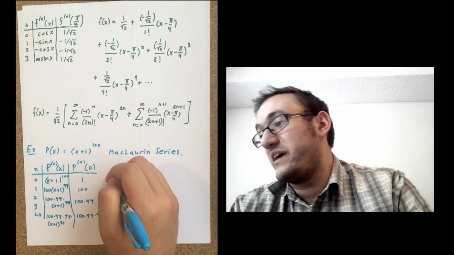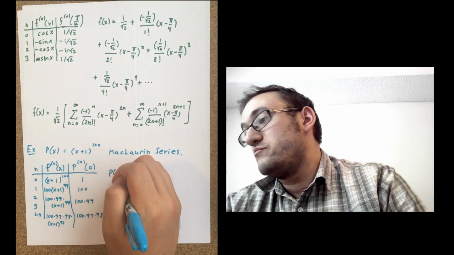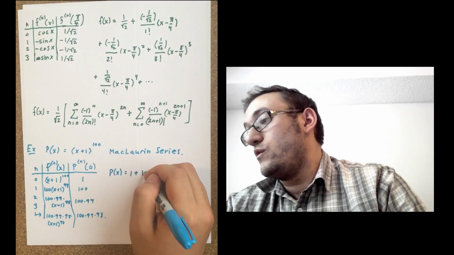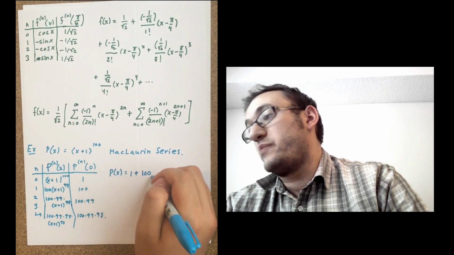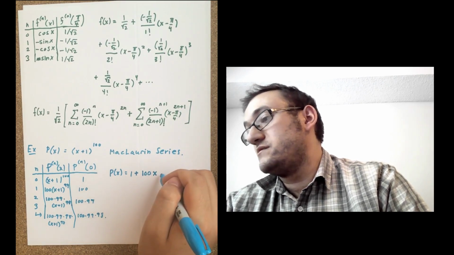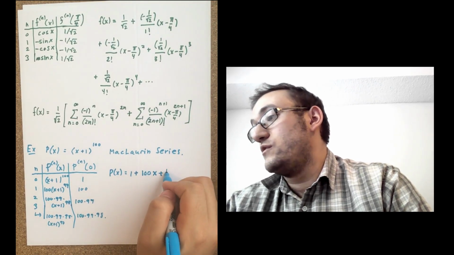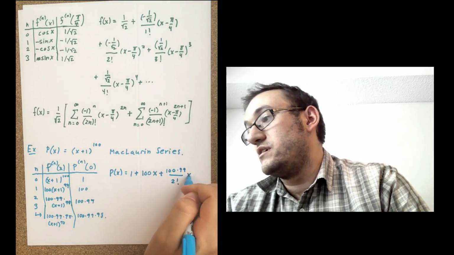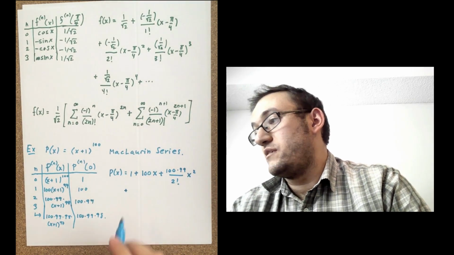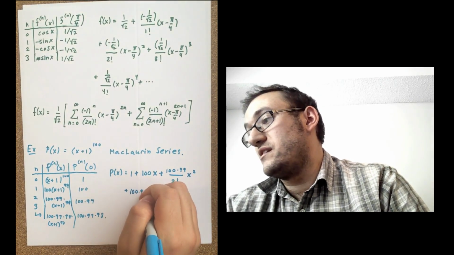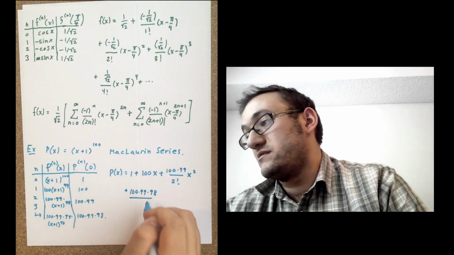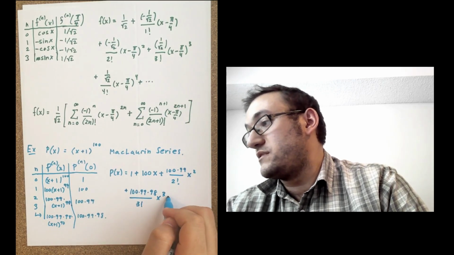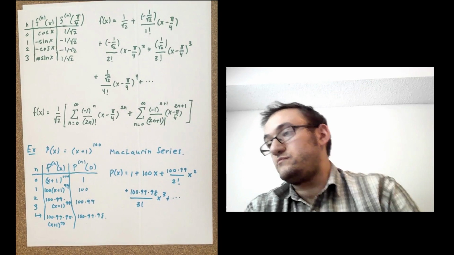So when we want to expand this as a Maclaurin series, we'll have p of x equals 1 plus 100 divided by 1 factorial, which is 1, times x, plus 100 times 99 over 2 factorial, x squared, plus 100 times 99 times 98 divided by 3 factorial, x cubed, etc. Okay?